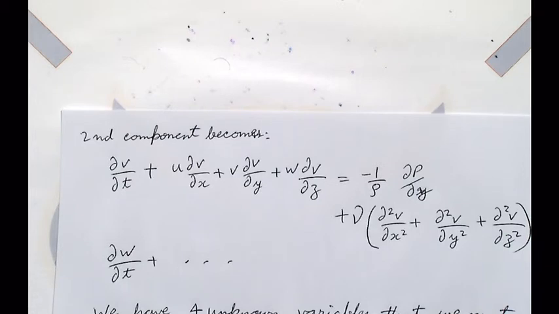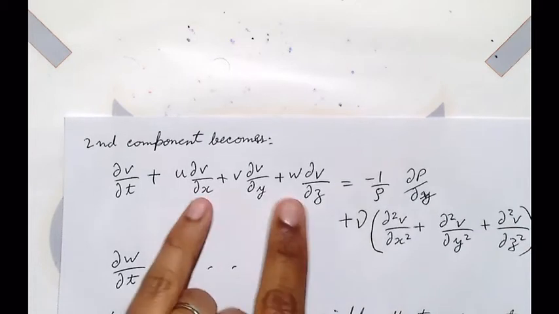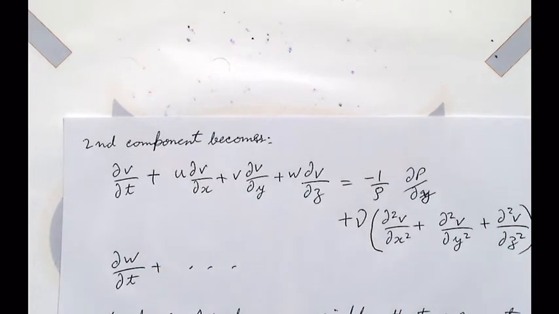Forward, backward, which one? Don't jump to the right side here. We're still at the convective terms, okay? You were saying we should use center difference. The center difference is second order, i plus 1, i minus 1. Yeah, we can write this.